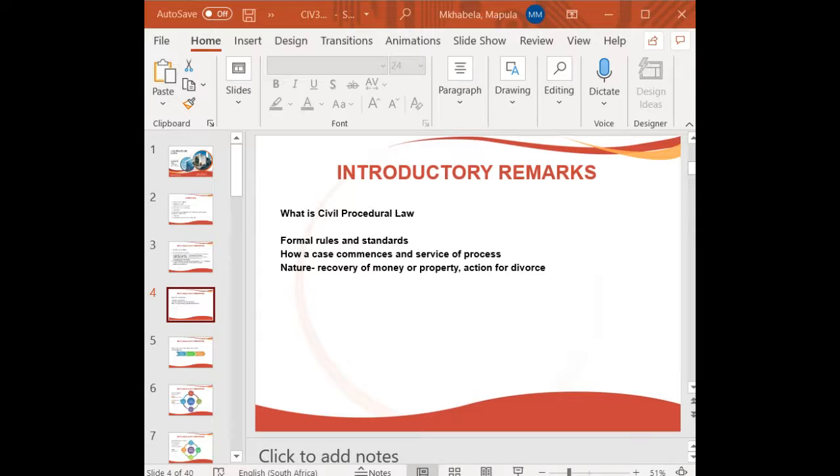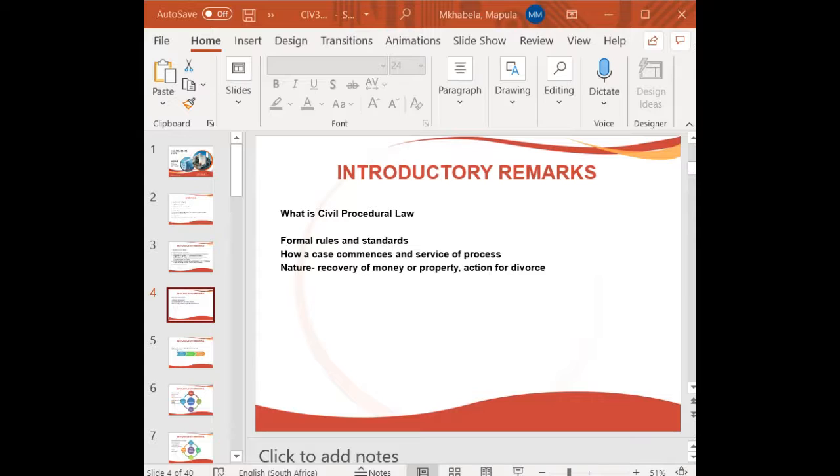These rules of civil procedure govern how a court case may be commenced and what kind of service of process is required, where the nature of a claim requires you to institute action proceedings or motion proceedings as the correct form of proceedings or legal action against someone. Please take note that motion proceedings may also be referred to as application proceedings.